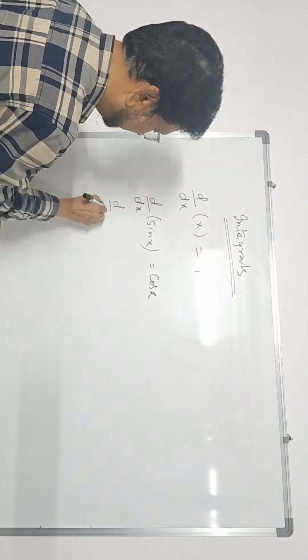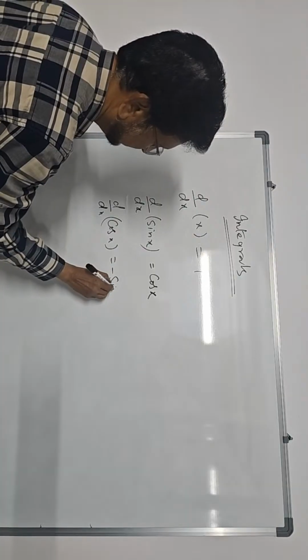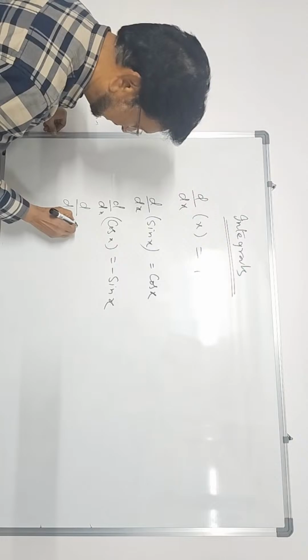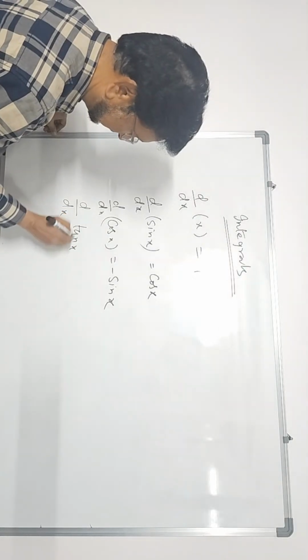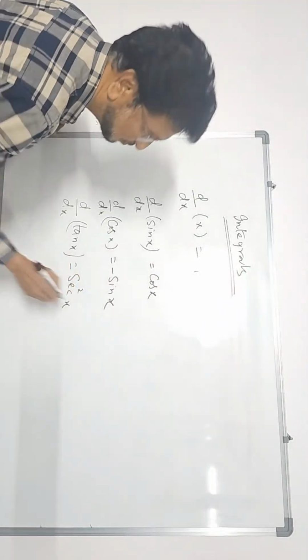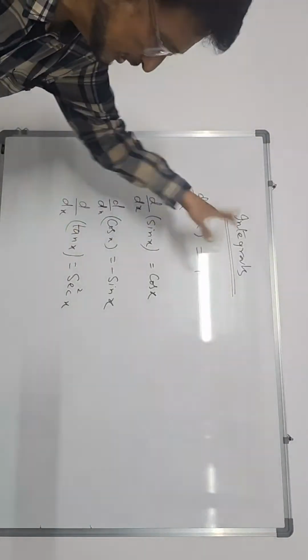D by dx of cos x we have got the answer as minus sin x. D by dx of tan x we got as sec square x. Now this is the differentiation, which is quite opposite to integration.